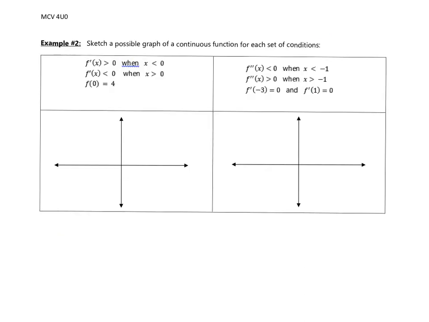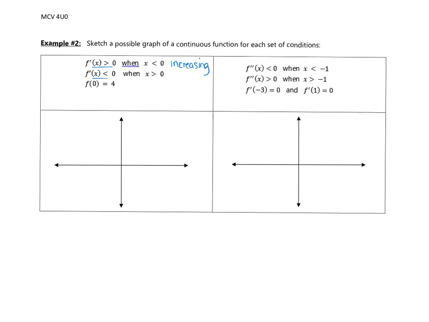And I do quickly want to just show you one other type of question, just in terms of sketches and being able to interpret the terminology and the math and the symbols. You'll try some of these in homework, okay? So let's take a look at the first one. f prime of x is greater than 0 when x is less than 0. That means that the function that we're going to draw is increasing, right, up until 0.